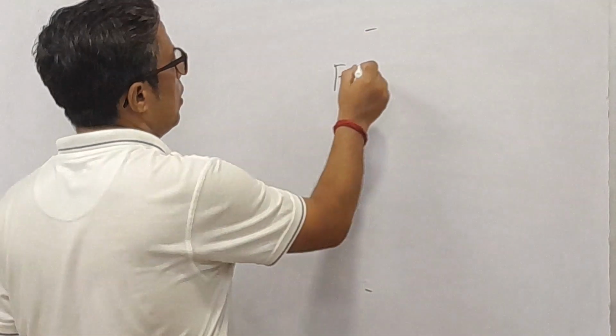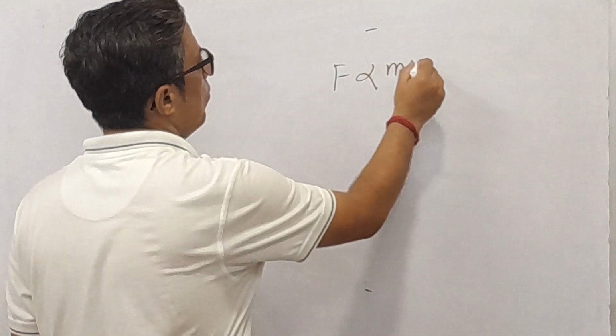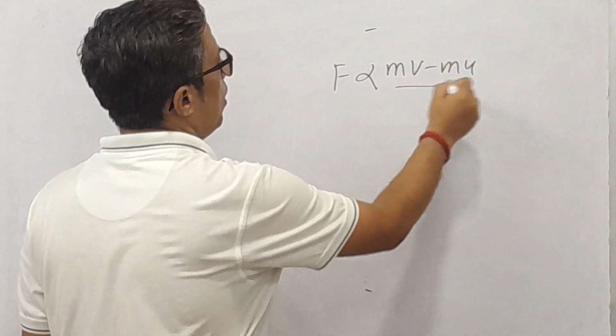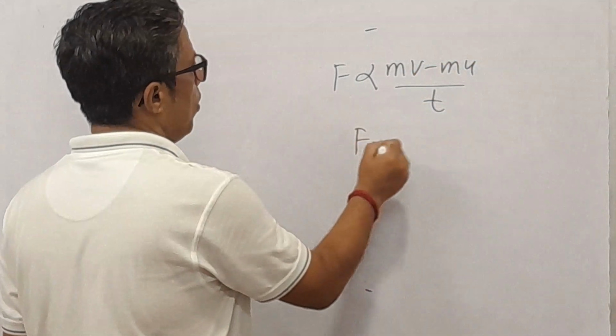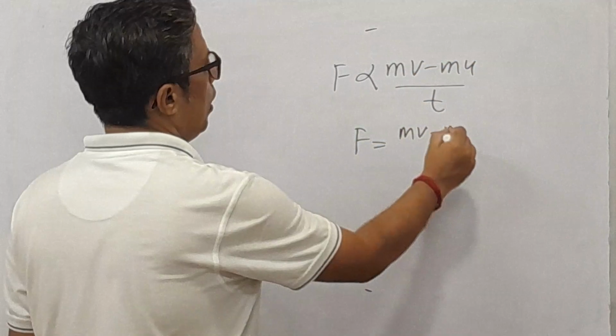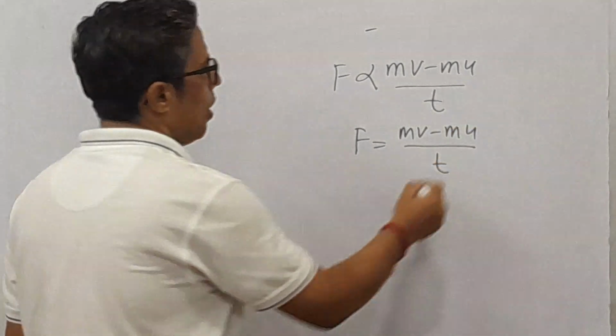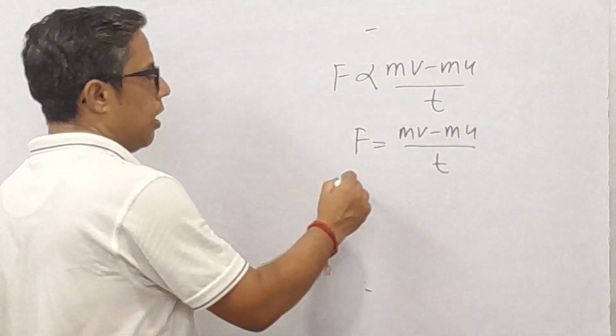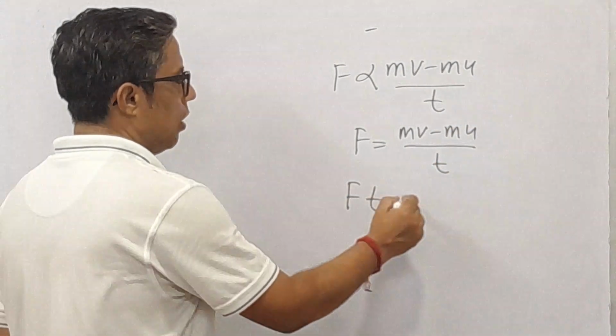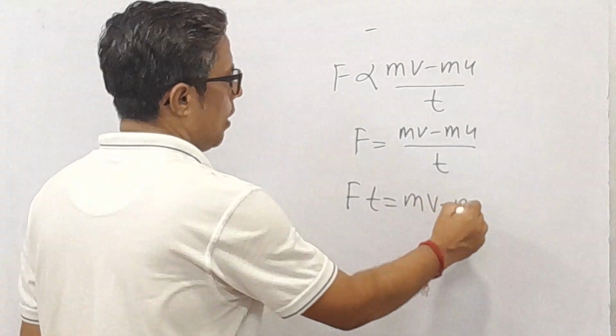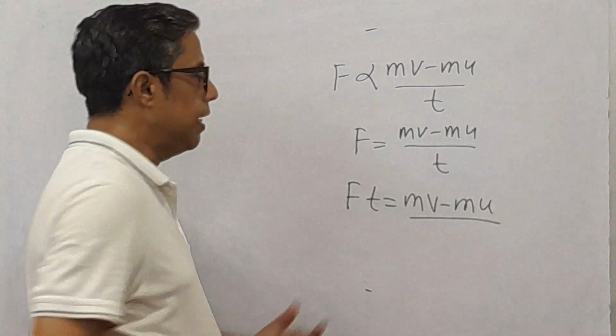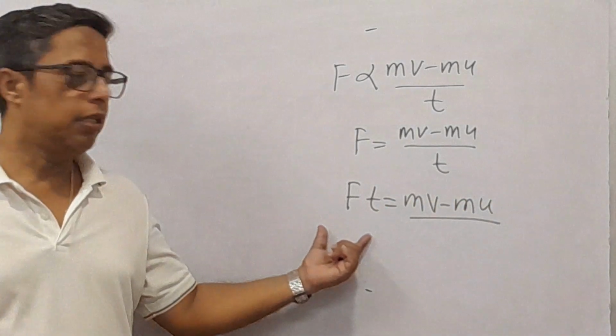Next was Newton's law of force. We discussed that force is proportional to the rate of change of momentum, mv minus mu by t, right? From here we have force is equal to mv minus mu by t, or you can write Ft is equal to mv minus mu. That means change in momentum is force into time.